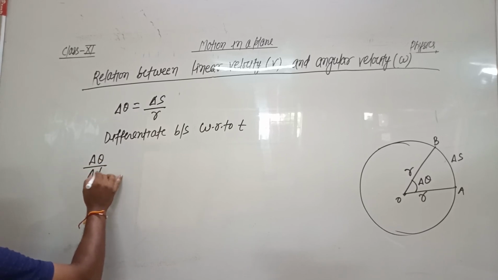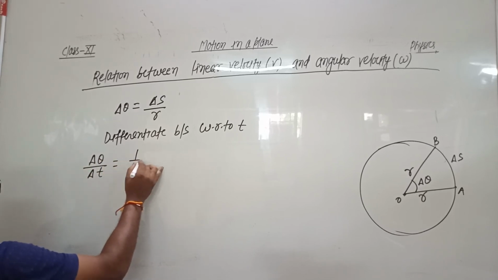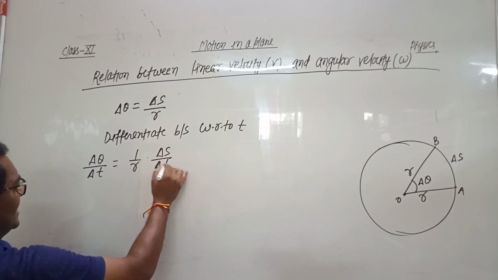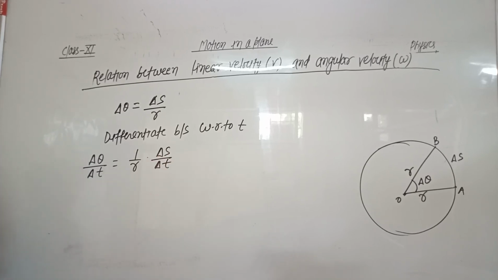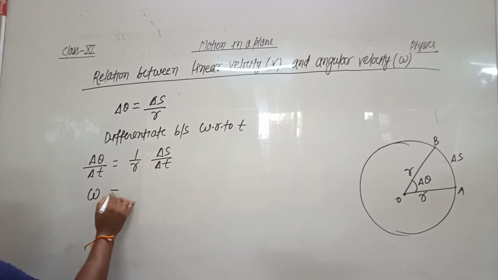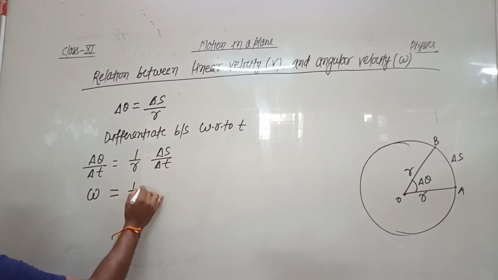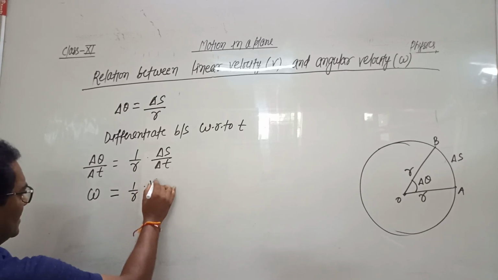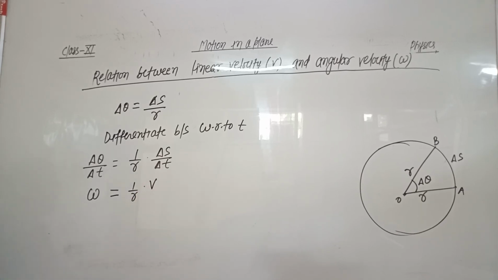Delta theta by delta t is called omega, the angular velocity, and delta s by delta t is called v, the linear velocity.